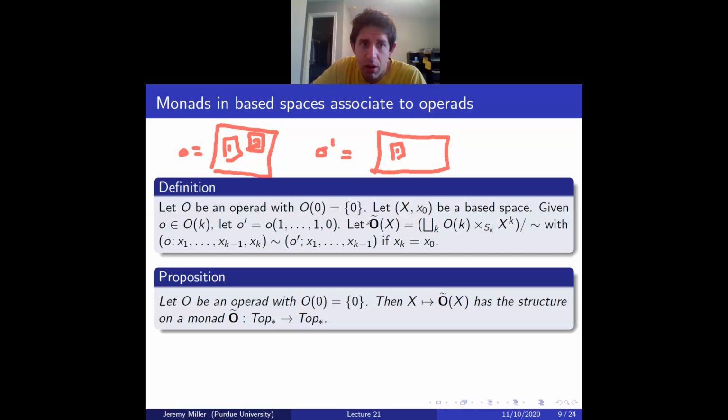And then this O tilde will be a quotient of the usual monad associated to O by the relation that if x_k is the base point, then you throw out that cube.